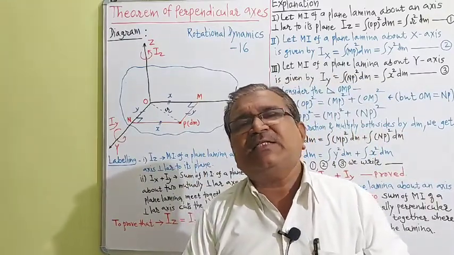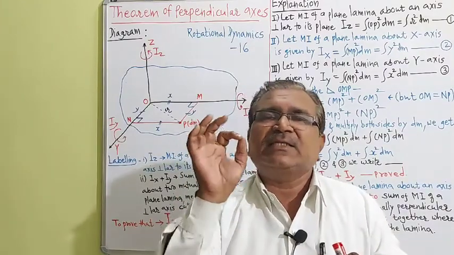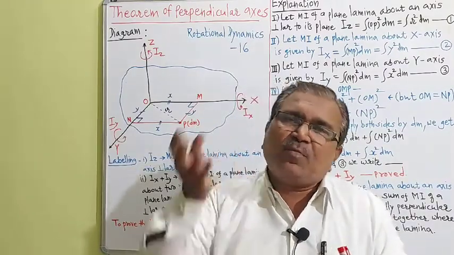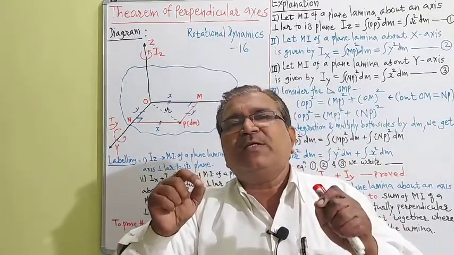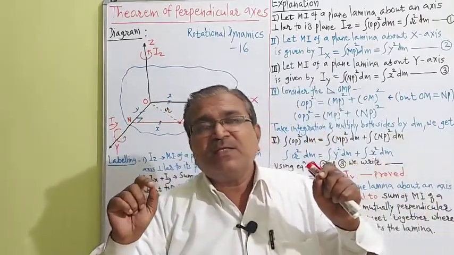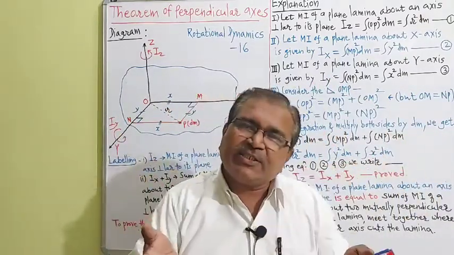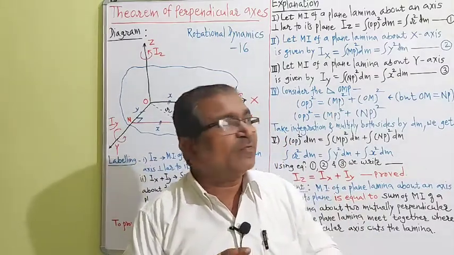Moment of inertia is nothing but the product of mass into distance squared. From the element, we have to calculate the moment of inertia of a plane lamina. For that purpose, we will have to take an integration. How that integration is to be taken, we will see.